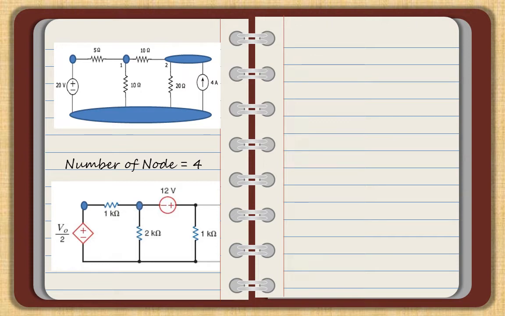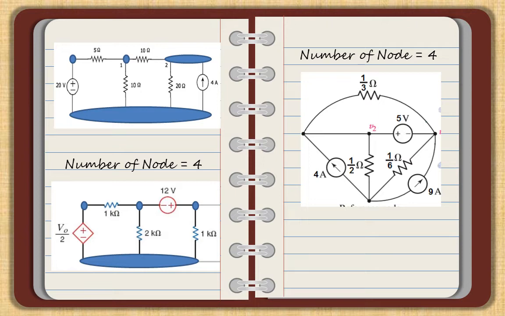Another is the point where two resistors and the voltage source have a common point. Another is from the voltage source and the resistor. And the last is the common connection of the two resistors and the independent source. Therefore, the number of nodes in this circuit is equal to 4.